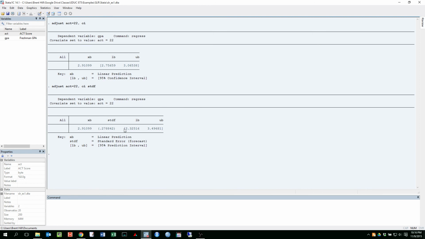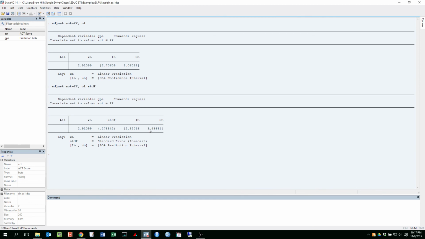So we're trying to predict just the next random person that comes along with an ACT of 22. What would their GPA be? It's kind of a difficult prediction to make, so it's obviously going to be a little less precise than predicting a mean of a group of people. That's a little more stable. So we get this larger interval. In this case, it's 2.33 up to roughly 3.5.